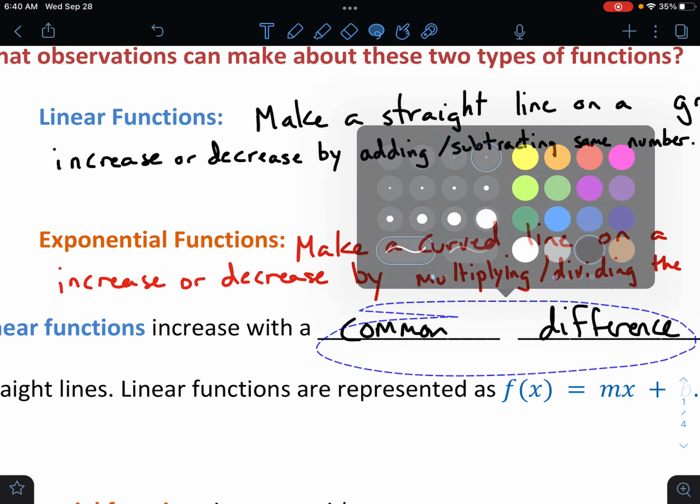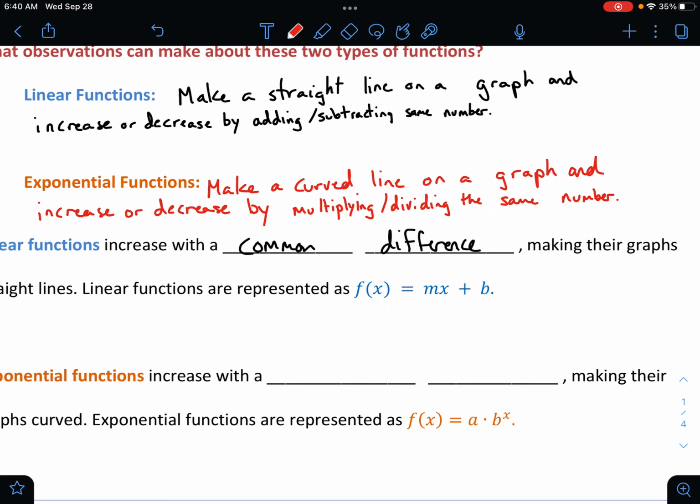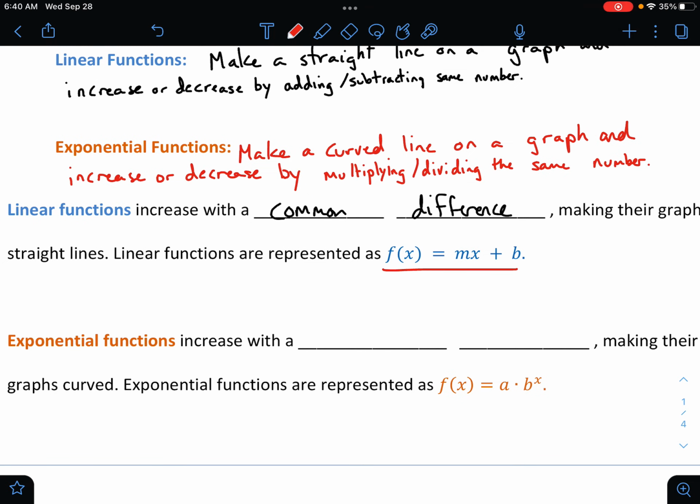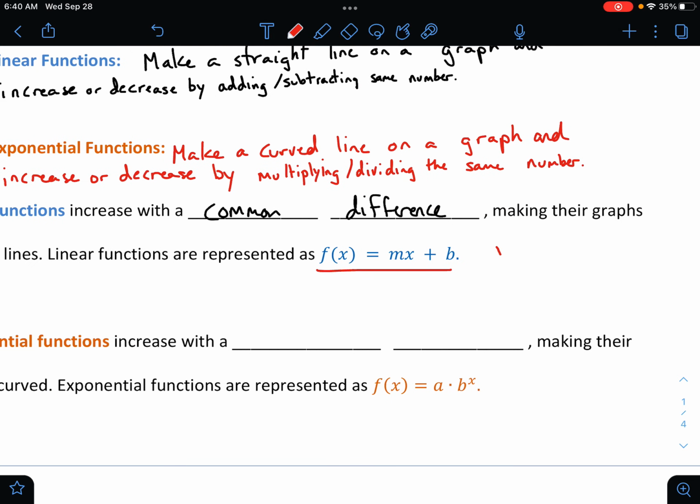And again, if I'm moving too quick, feel free to pause the video so that you can get this copied down. A linear function can be written as f of x equals mx plus b. You may recall this from previous years of math, but this is y equals mx plus b. Same thing, y is the function of x.